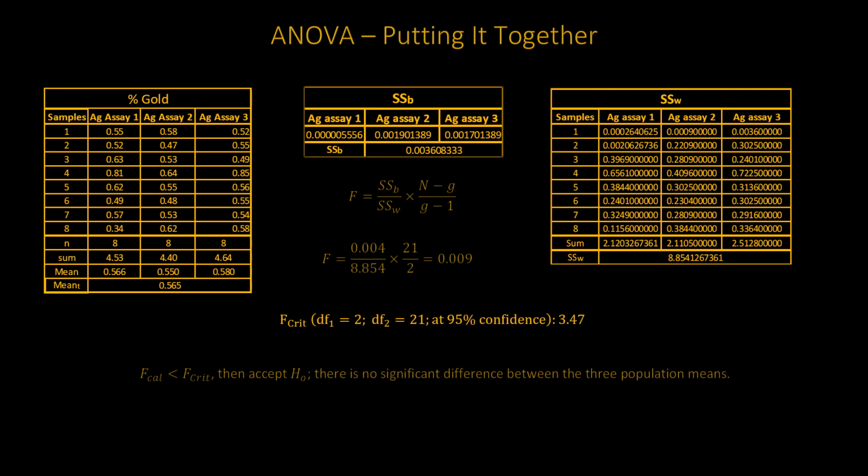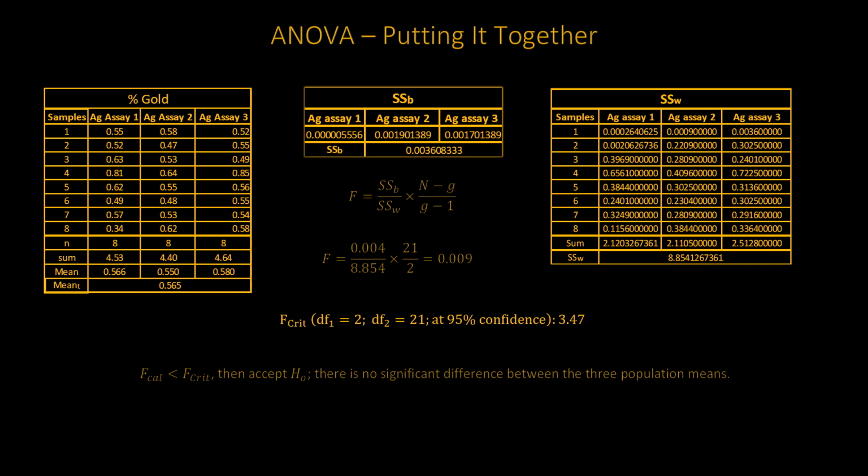Now we can calculate the F value. At this point, we can round the figures. The SSB rounded is 0.004. SSW is 8.854. We know what N is, which is the total of the 24 samples.